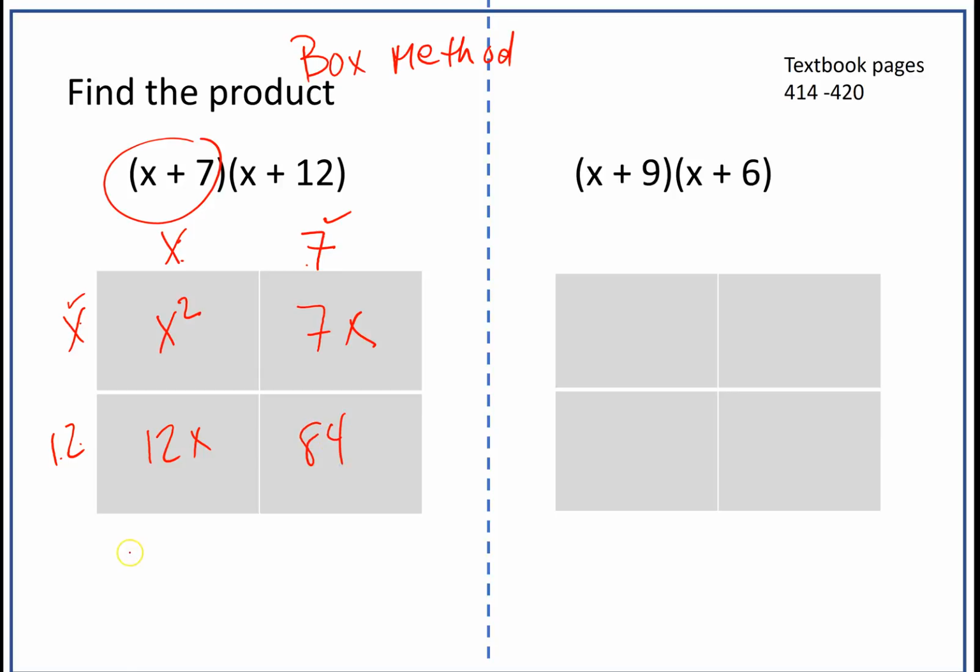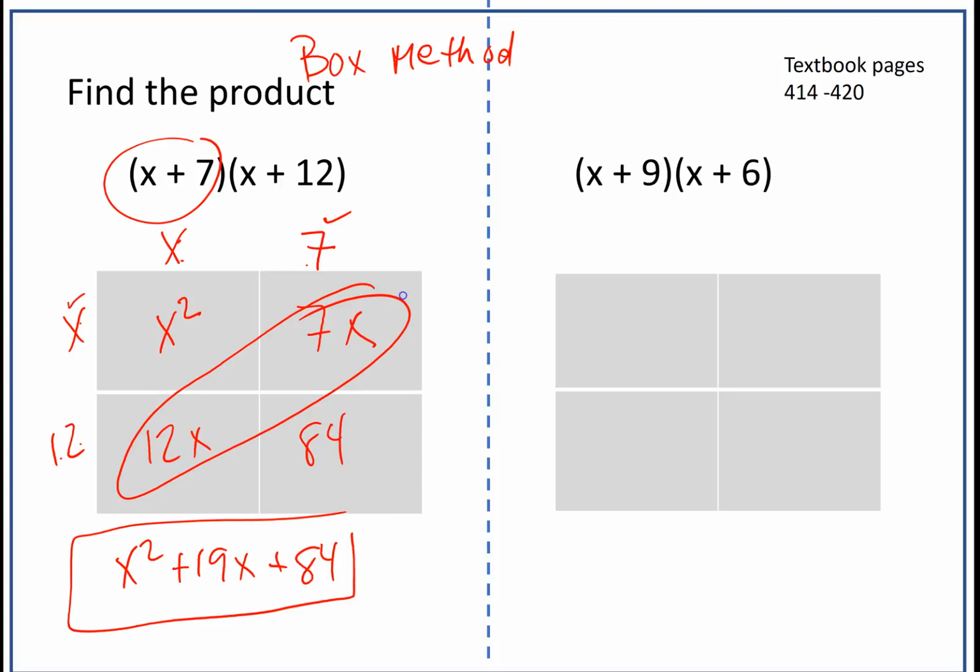So what's our answer? X squared. We add these two together. We get 19x plus 84. So these two are my factors, and this is my product, because I multiplied these two to get that one.